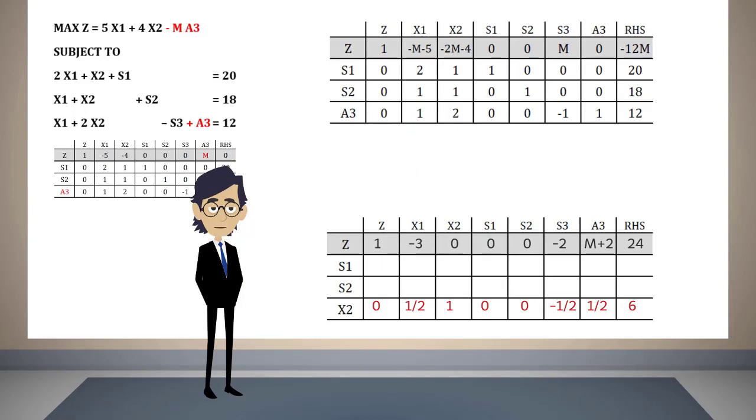Next we will convert to 0 the next number in this column. To convert that number to 0 we need to multiply the pivot row by -1. When we do this, we obtain the following. And we add the S1 row. The result of the sum will be the new S1 row.